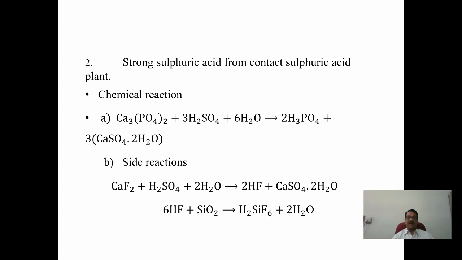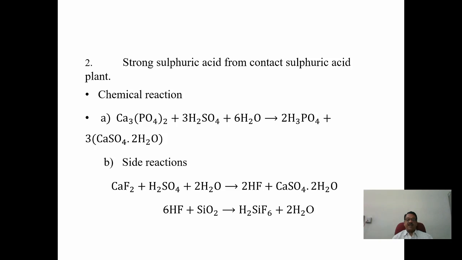The other raw material required is strong sulfuric acid from the contact process. So these two are the major raw materials.